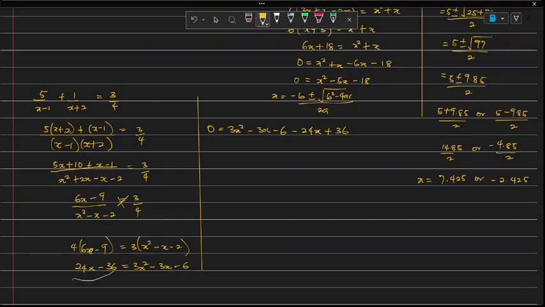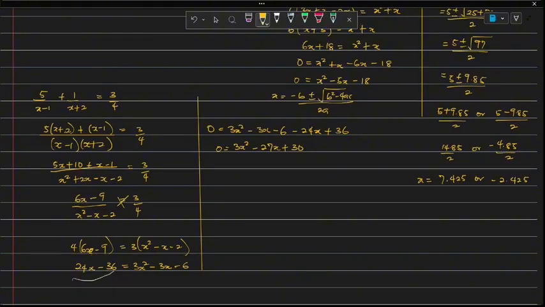You know what happens when a number or a variable crosses the equals sign. We still have like terms: minus 3x and minus 24x gives us minus 27x. Minus 6 plus 36, you are owing 6, you have 36, you are left with only 30. Is equal to 0.